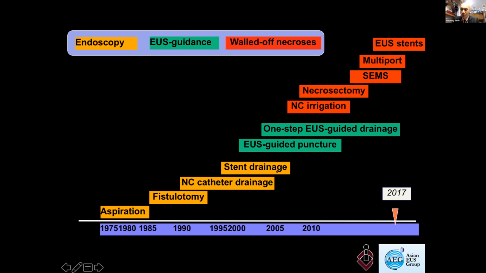Afterwards, we became more aggressive and started to do more therapy in these collections. There is a description of one-step EUS guided drainage followed by nasocystic drain irrigation, and also necrosectomy, and more recently, the adoption of metal stents for these collections, and new devices coming out for necrosectomy.